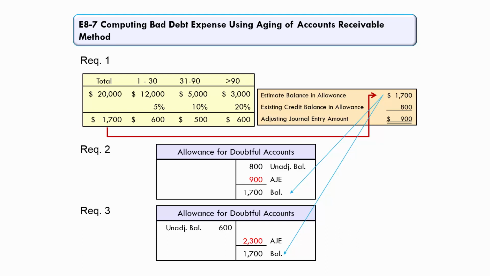So it tends to tell us that they're not putting enough in their allowance account. So they have to put more than normal. It's $2,300 they have to put in just to get up to this $1,700 in credit balance, which is the amount which they found when they did their analysis based on the aging of receivables by multiplying the buckets times their expected loss rates per bucket.